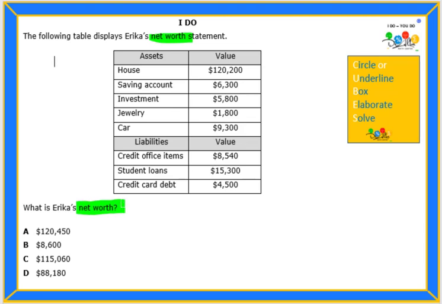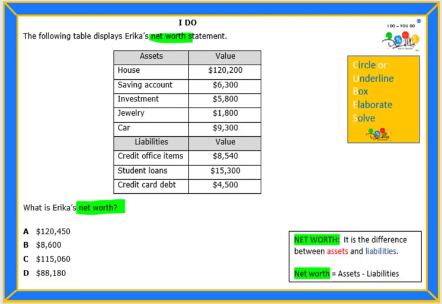So as we know, the net worth is the difference between assets and liabilities. Here they have already listed all of the assets together and all of the liabilities.